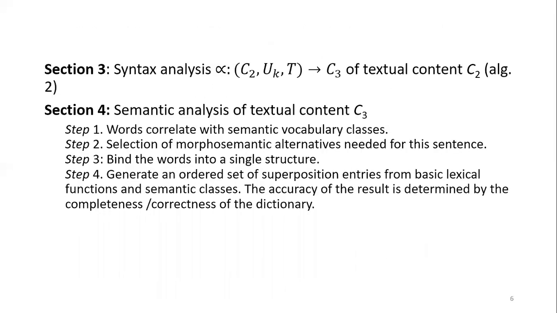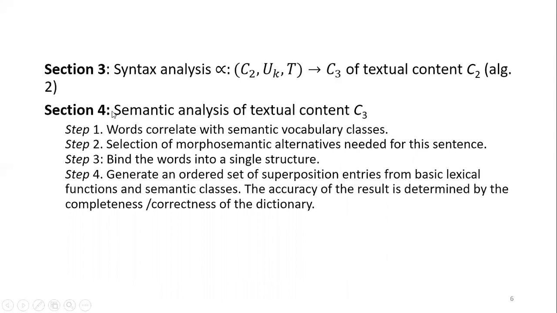In section 3, which is the most interesting part, based on this textual content, we count the number of terminal words or terminals T, and a number of tokens U, K. We produce the set of keywords C3.